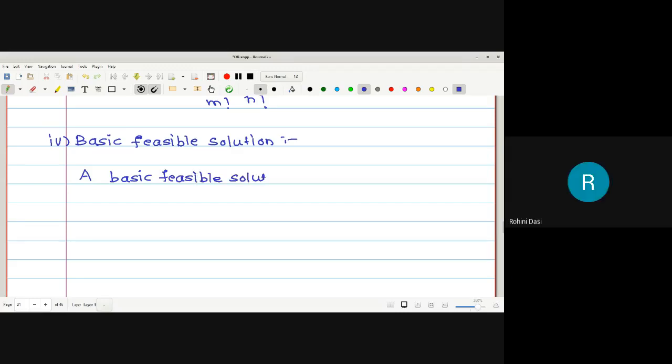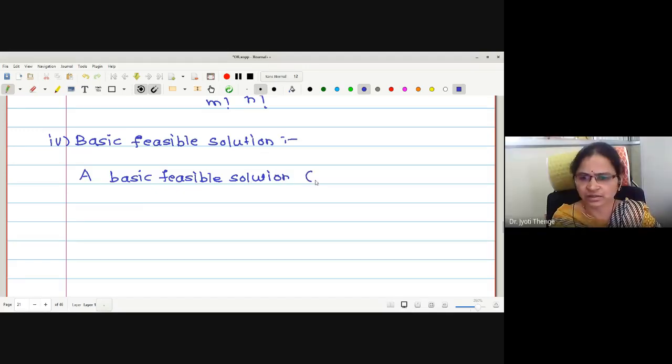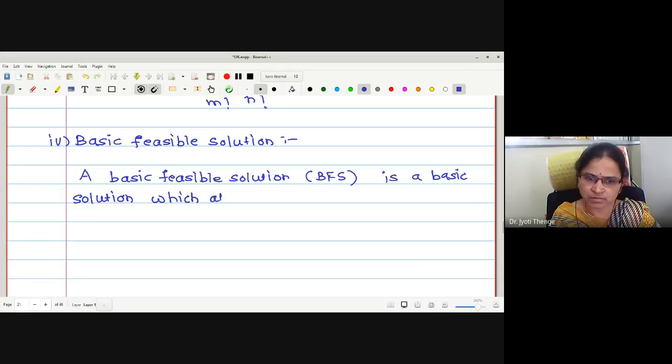A basic solution which satisfies the non-negativity condition. In short, we are writing this as BFS. A basic feasible solution is a basic solution which also satisfies non-negativity restrictions.